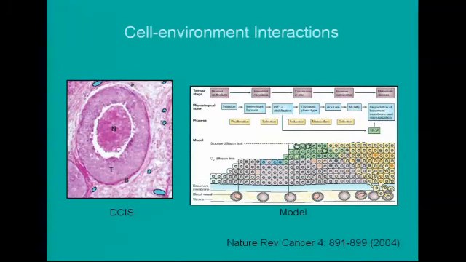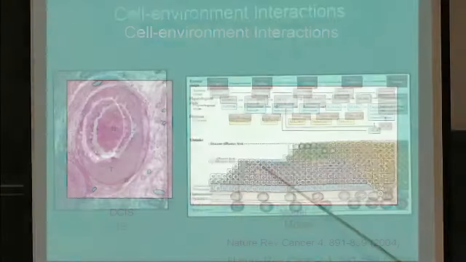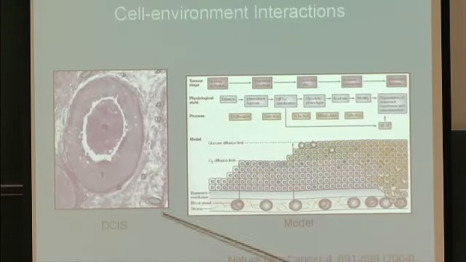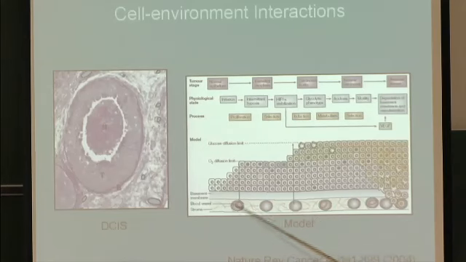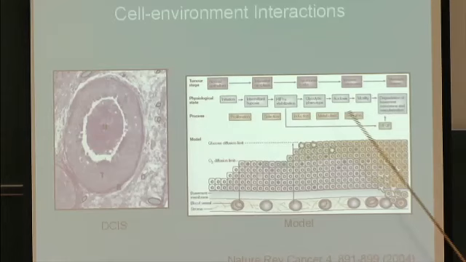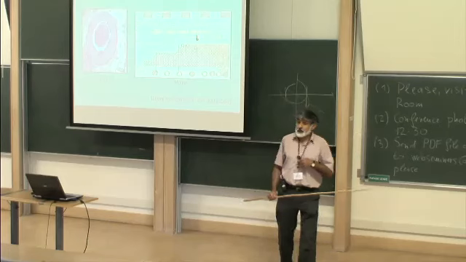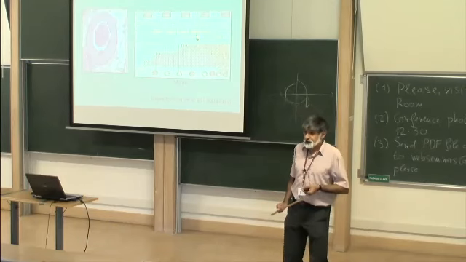Then you start getting growth to happen, but soon you reach an oxygen diffusion limit, because the only way you get nutrient is from the basement membrane, from the blood vessels at the basement membrane. So there's an oxygen diffusion limit. So now you can only survive if you start doing the glycolytic metabolism.